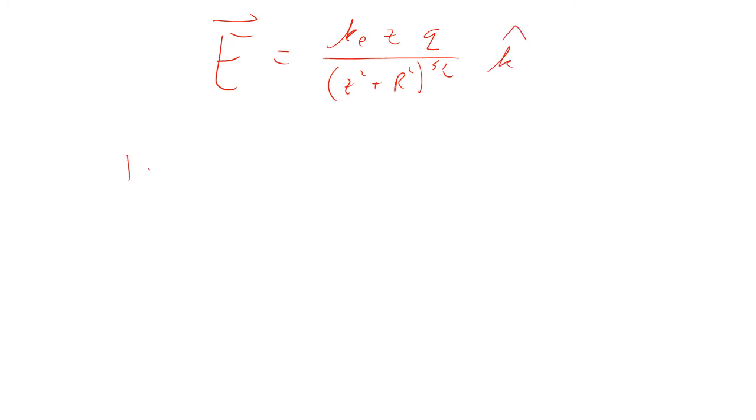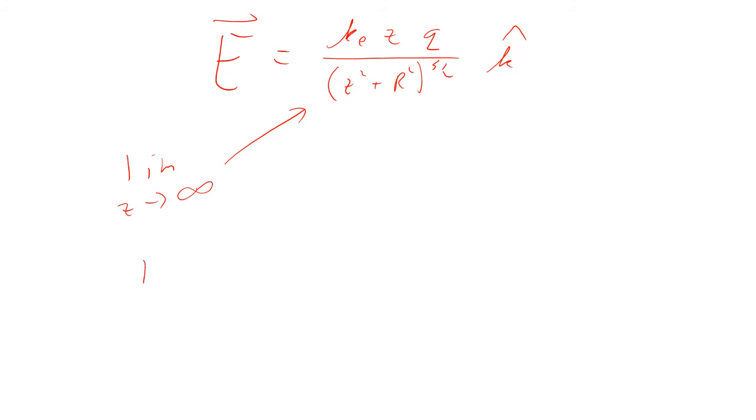Now, let's take a limit as z gets really big. So what happens? Well, z squared plus r squared is just z squared if z is really big. Z squared to the 3/2 is just z cubed.